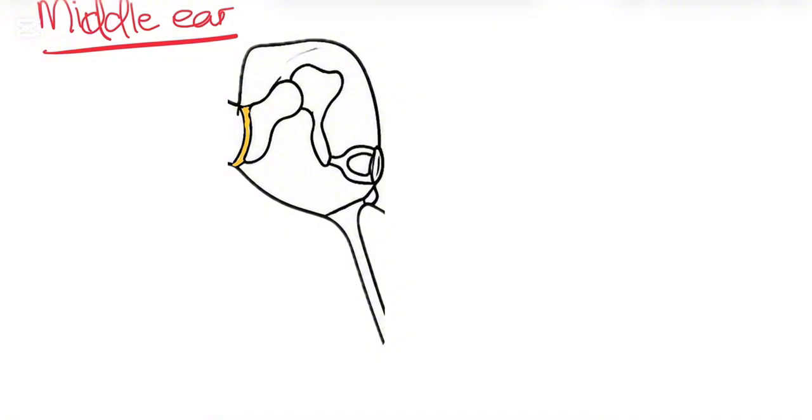We have this one, these two, and this one is the third one. So we have these three bones. These three bones together make up what we refer to as ossicles. So we're going to label this as ossicles.